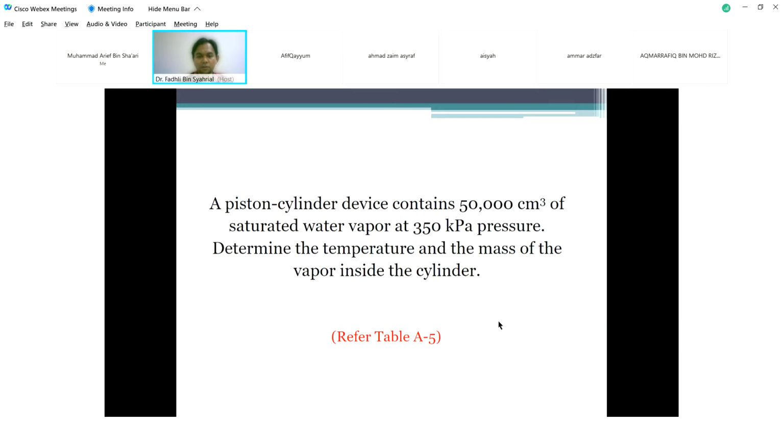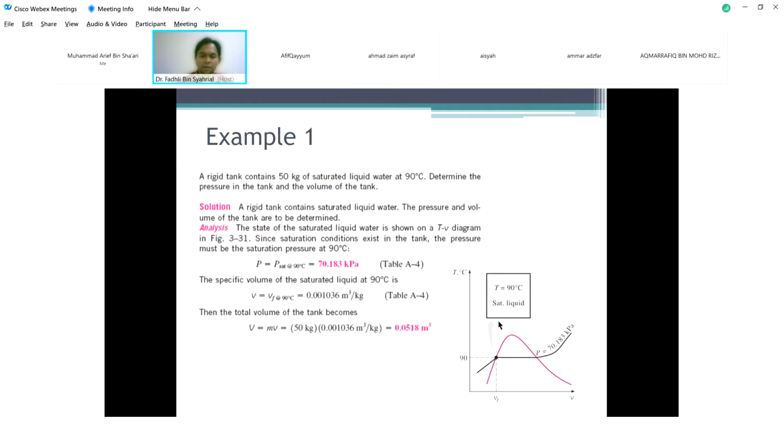Now let's look at, before that, if the point is located here, for example, in another case, if the state is saturated vapor where the point is here, then you are asked to find the specific volume, then draw a straight line to V axis, then this point, the symbol here is Vg.